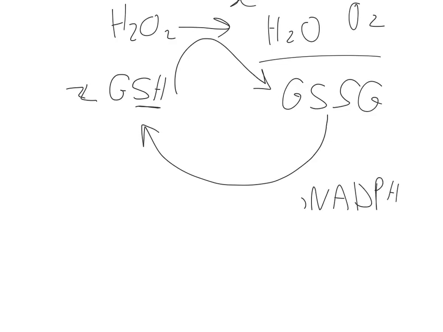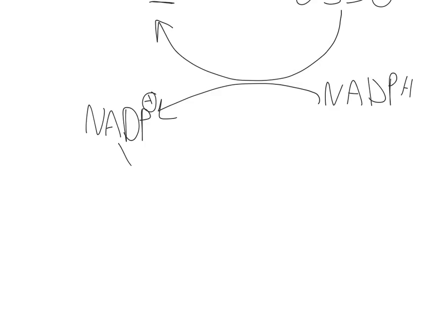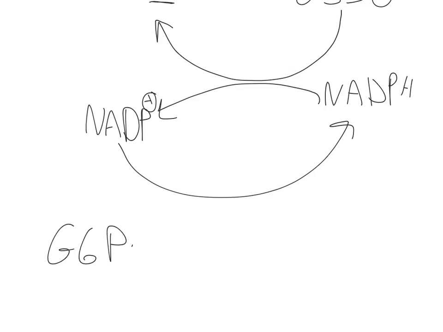NADPH would be converted into NADP, and now we have two different things that are using up NADPH, and we've got to get the NADPH back. And so how do we get that back? We use glucose 6-phosphate dehydrogenase. So I have glucose 6-phosphate.